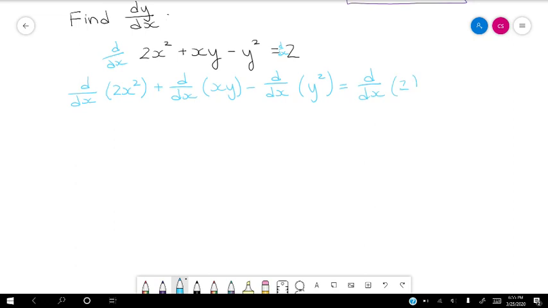All right, and remember, we're taking the derivative with respect to x, so x is the independent variable. So if it's just in terms of x's, it's like how we do our explicit differentiation.